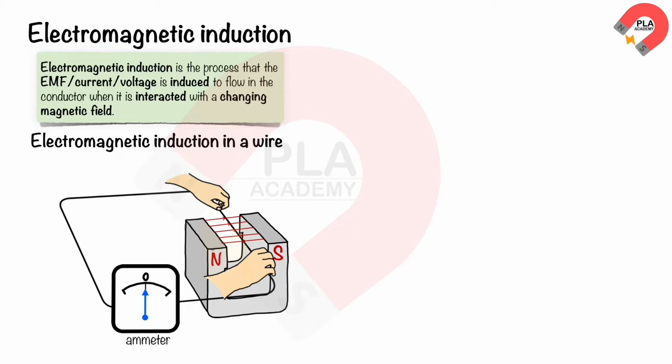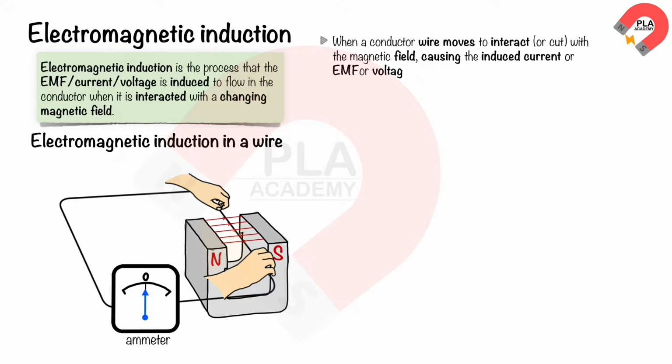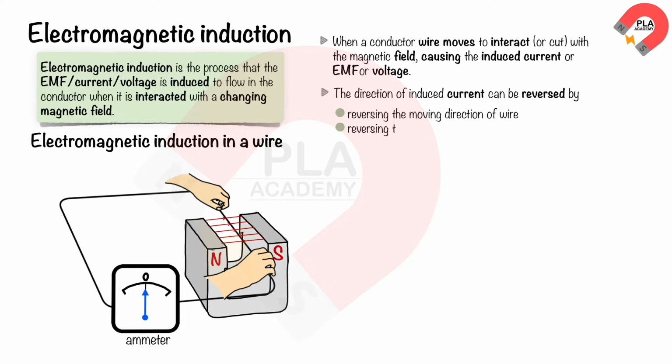We can conclude: when a conductor wire moves to interact with the magnetic field, it causes an induced current in the wire, which also causes the induced EMF or voltage. The direction of induced current can be reversed by reversing the moving direction of the wire or reversing the direction of the magnetic field.